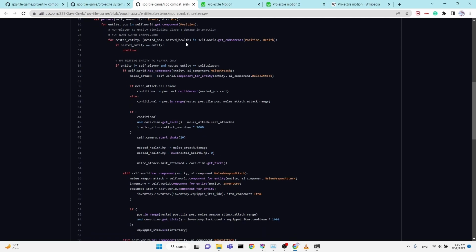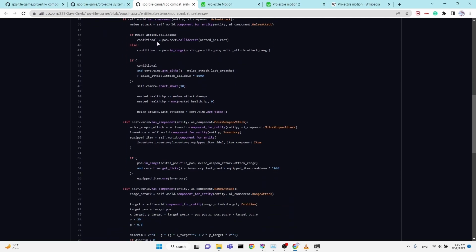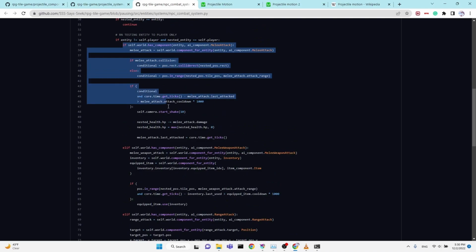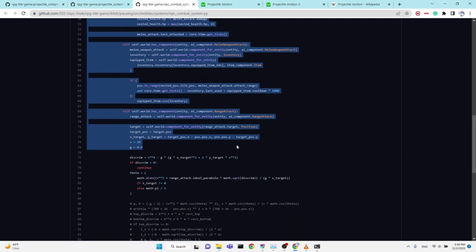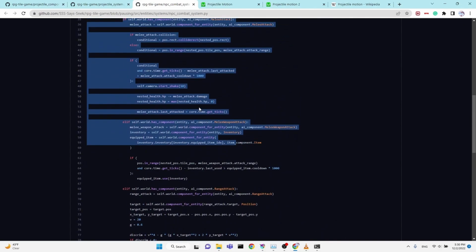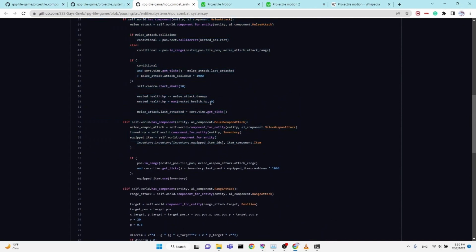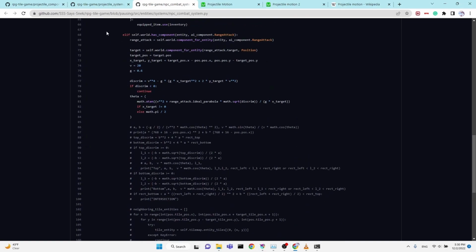And then we have some attacks over here. You see, there's a melee attack, a melee weapon attack. We don't need to know about this stuff. That's not part of this video. What we do need to know is starting here. If this entity has a range attack, we're going to execute this code, right?